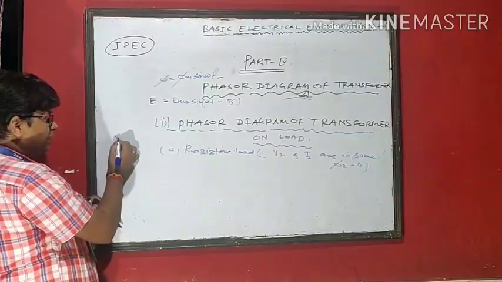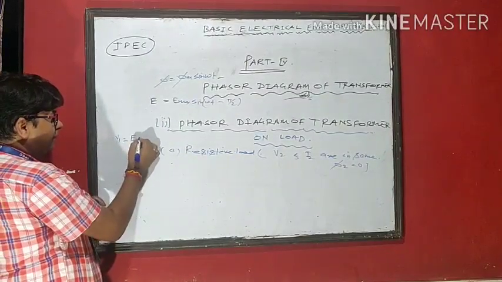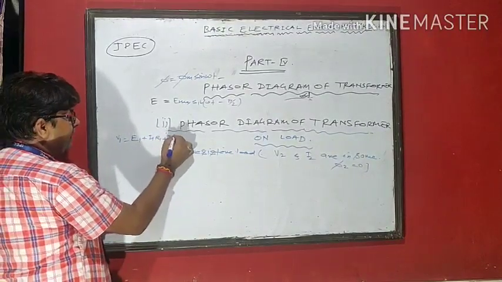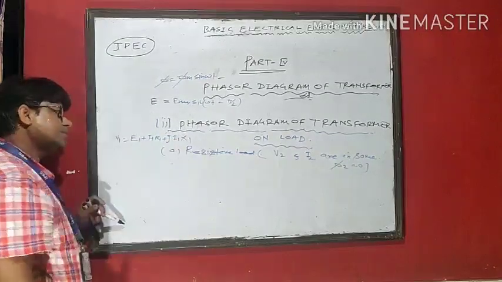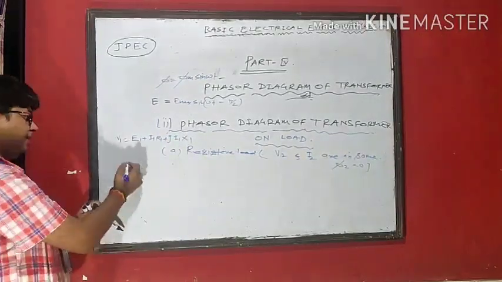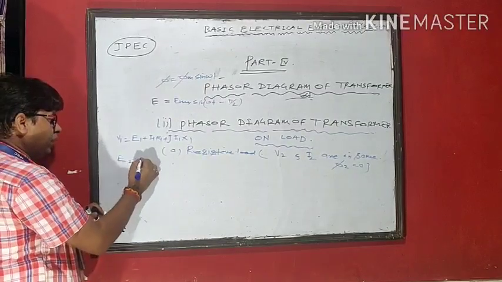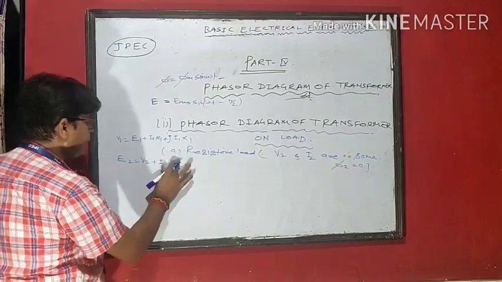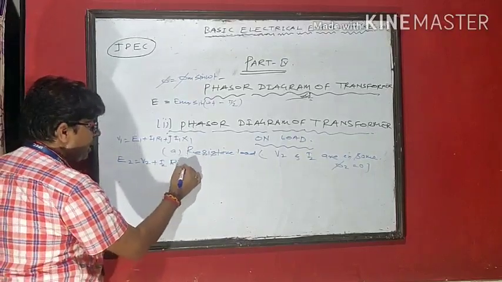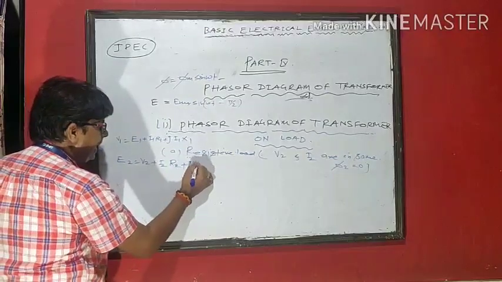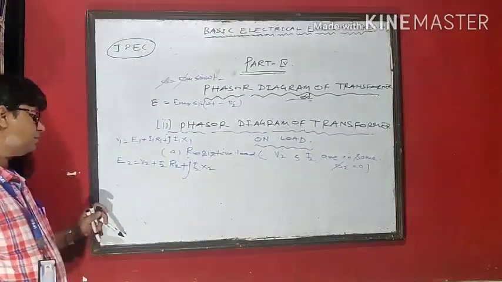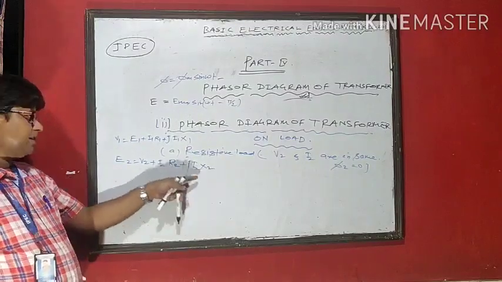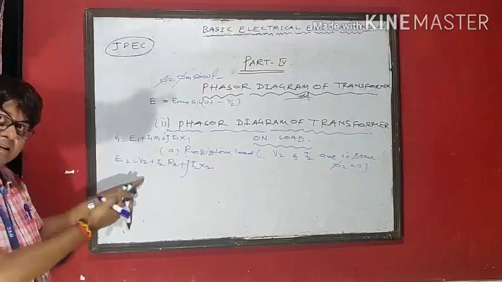First equation, V1 equals E1 plus I1 R1 plus j I1 X1. Similarly, on the secondary side, E2 equals V2 plus I2 R2 plus j I2 X2.